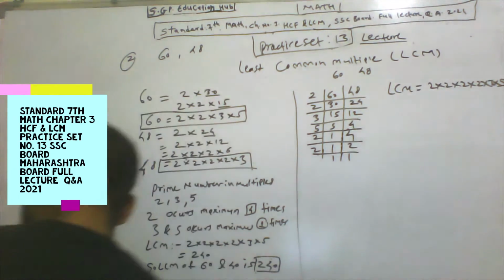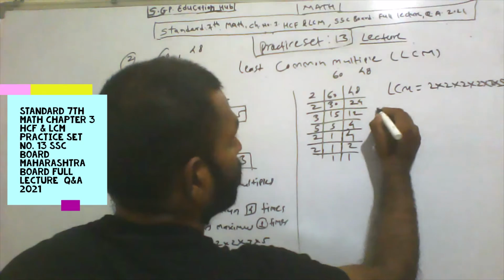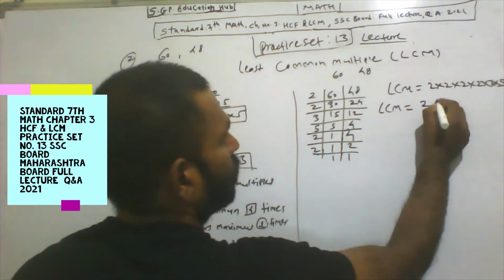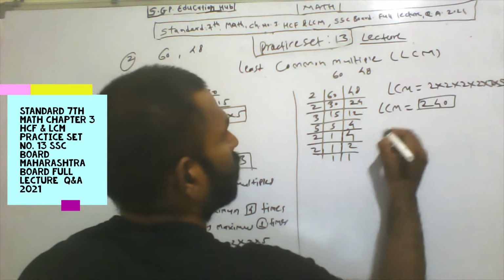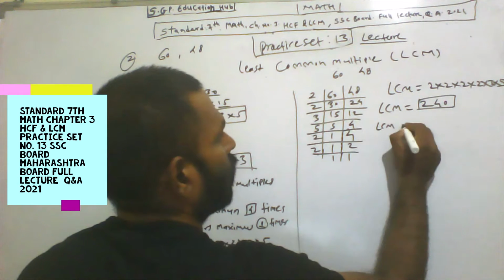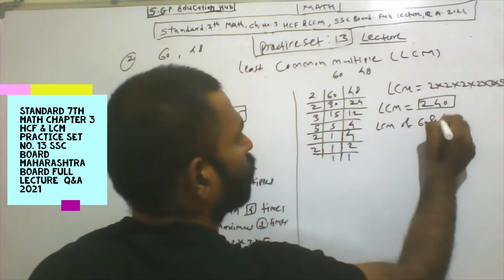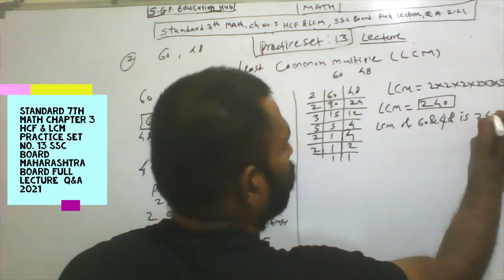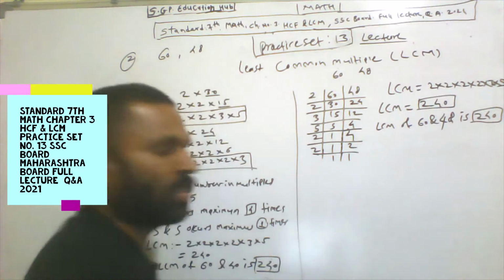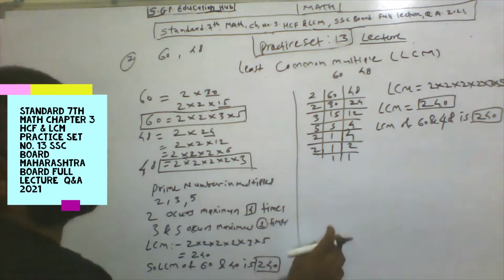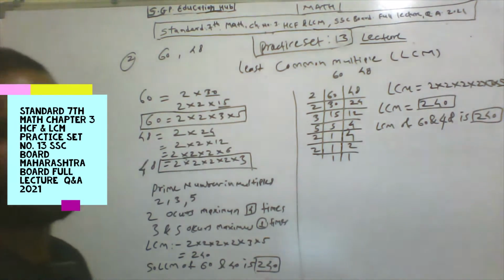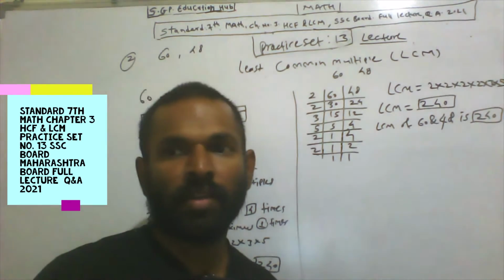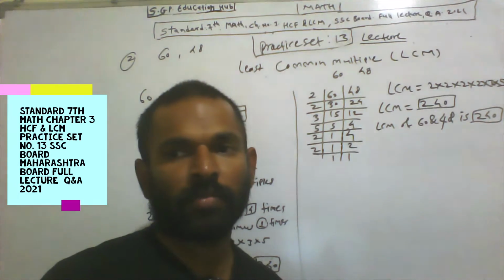Okay, the answer is LCM is 240. The LCM of 60 and 48 is 240. Which is the simplest method? I think the vertical method is simpler than the horizontal. Okay, will you get this? So go to the next.